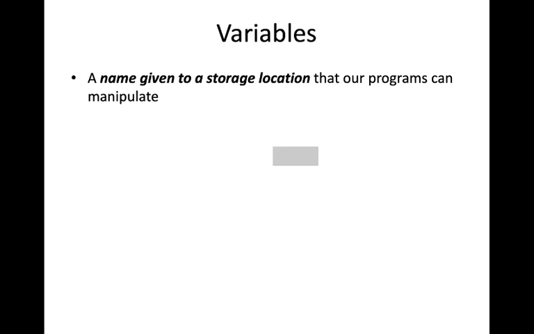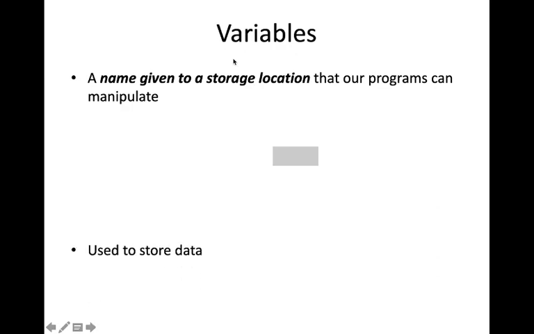In C programs, we have to give some name to those storage locations, for our convenience. So it is a name given to a particular storage location, and we can use that storage location by using this variable name.